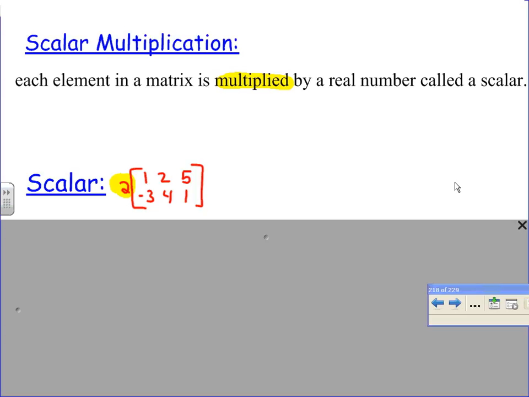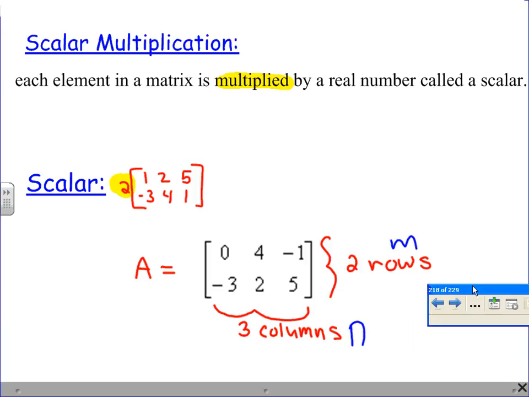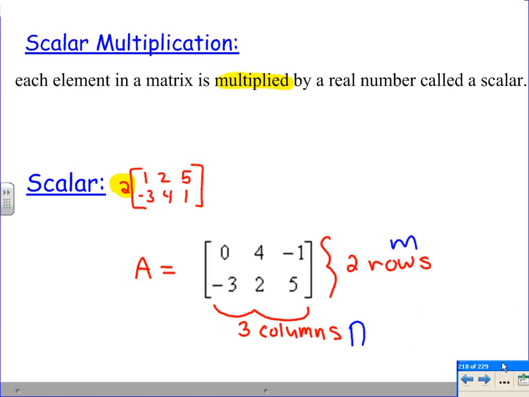So a scalar is a number in front of a matrix. You might want to draw that and then circle it if you haven't already. At the bottom of your notes, this is already there. Here's what I want you to do to the matrix that's already there. Make a little squiggle line and put 3 columns: column, column, column.